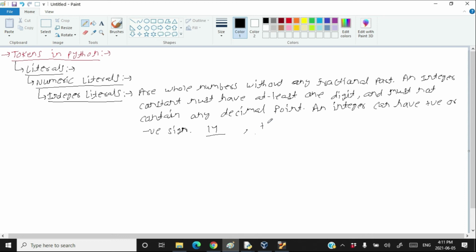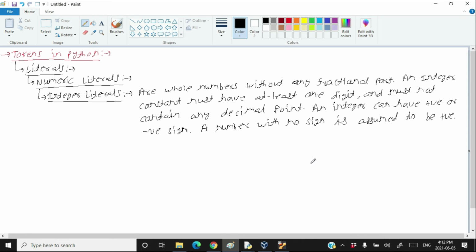You can write plus 14, of course this is a positive number, you can write minus 14, but if you do not write any sign before the integer, then that integer is considered positive.